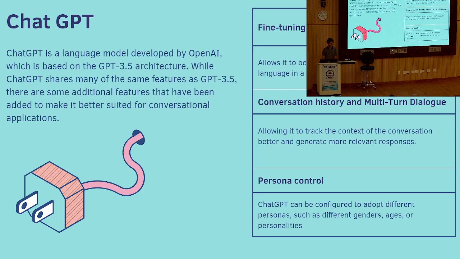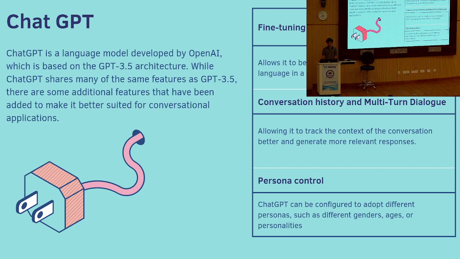So these features are fine tuning on conversational data. Adaptive learning or fine tuning on conversational data allows it to better understand the nuances of natural language in a conversational context. So not just a single input and output, but a series of inputs and outputs which basically constitute a conversation.